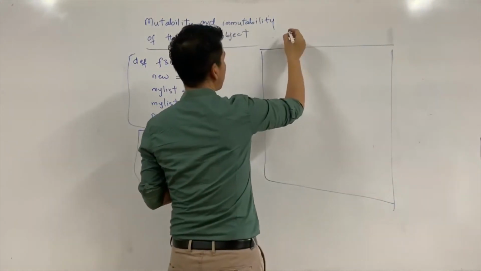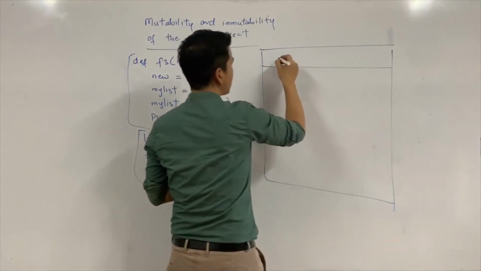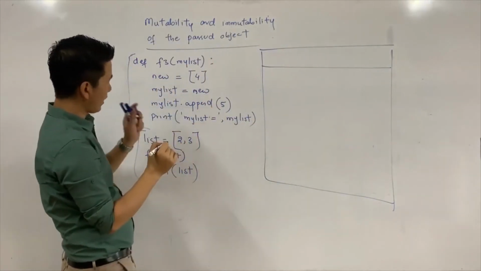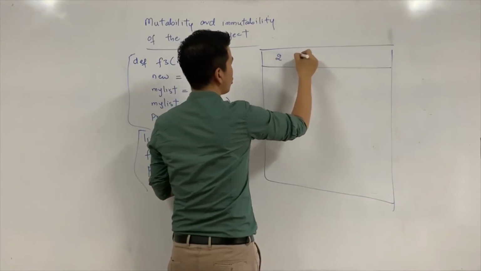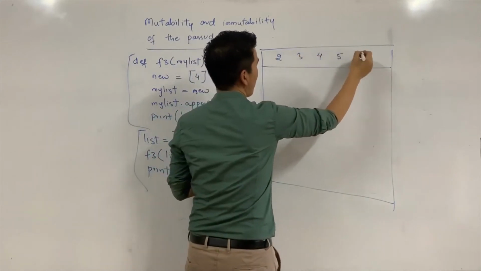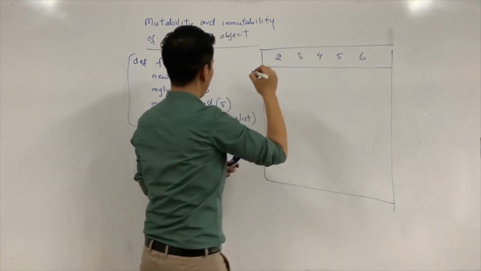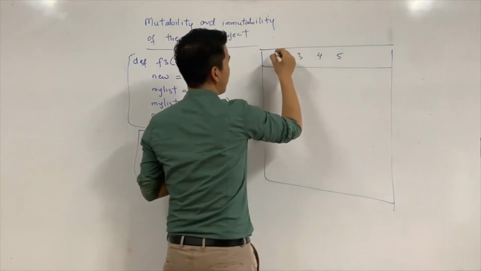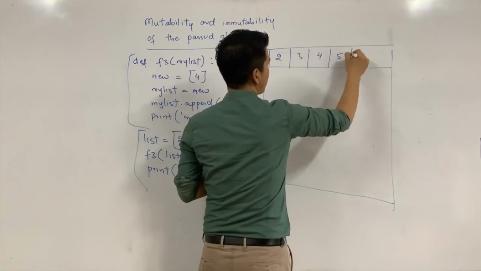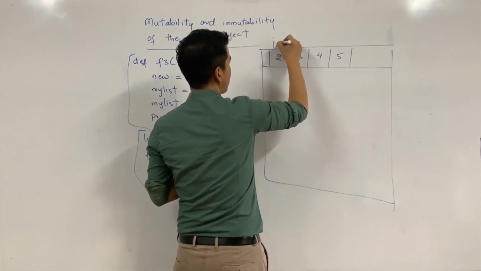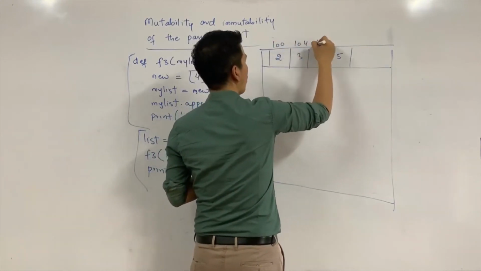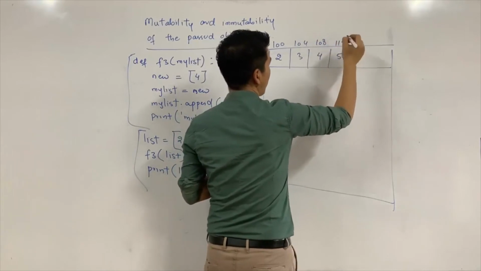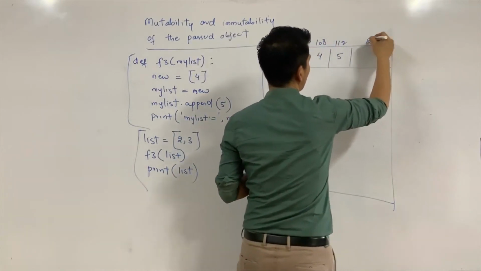So you have the data space. I'll be starting from 2, so 2, 3, 4, 5. Do I need 6? I don't think so. And then each of these will have an address: 100, 104, 108, 112, and let's say this is 200.